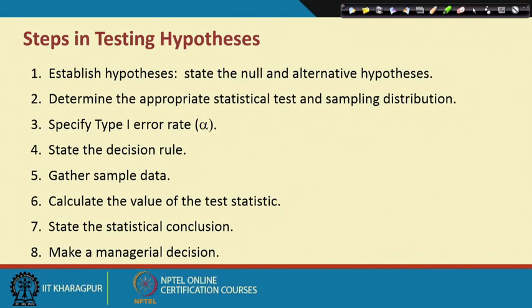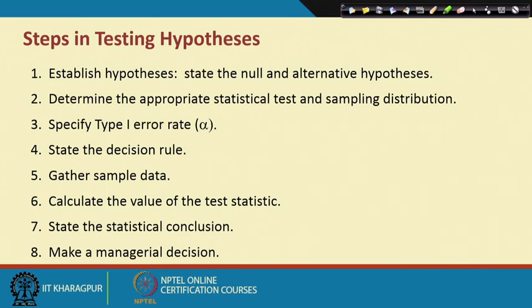And then in the second step we have to choose a particular test statistic. As we have already discussed, there are 4 test statistics we are supposed to apply when some kind of verification is required: the Z test, T test, chi-square test, and F test.